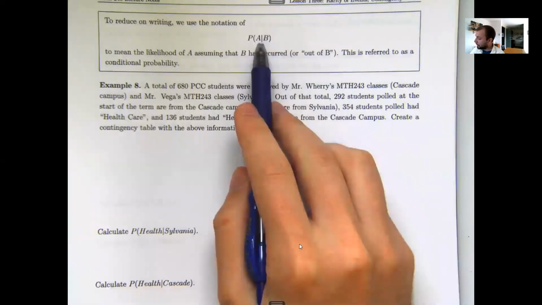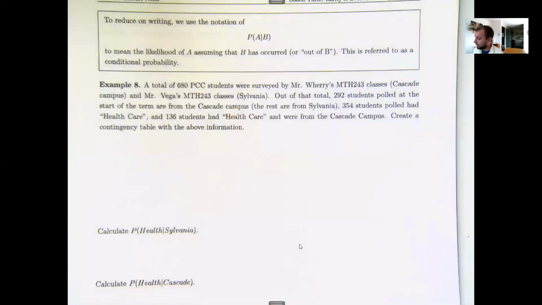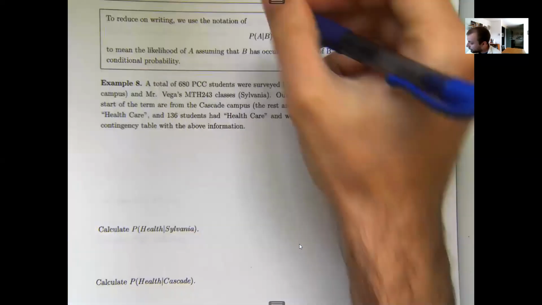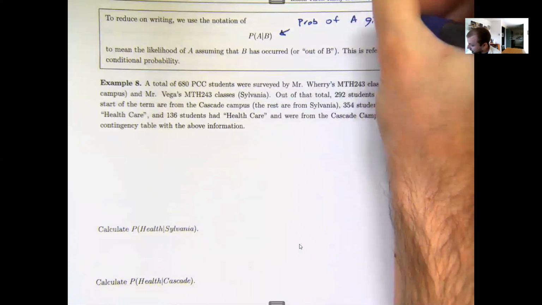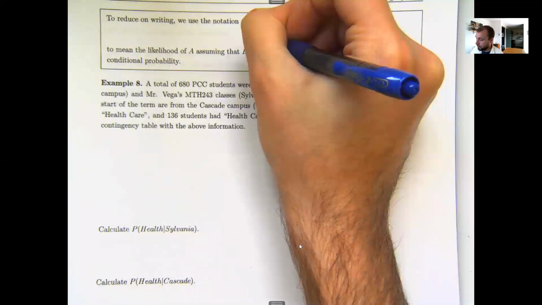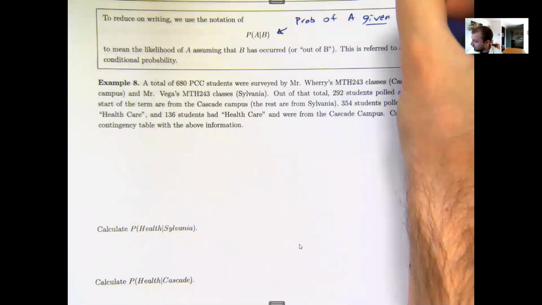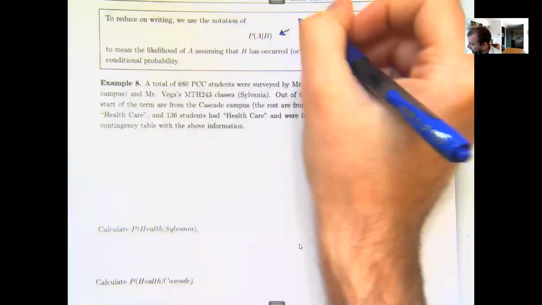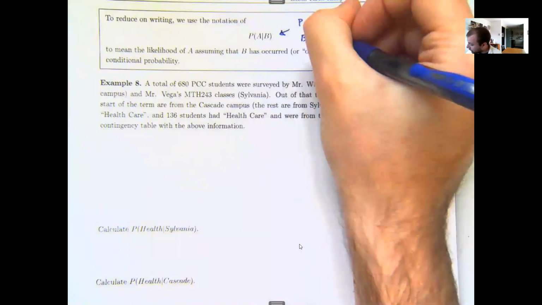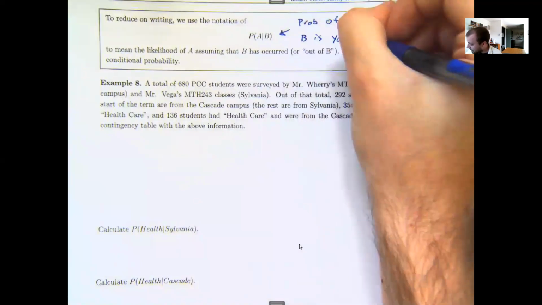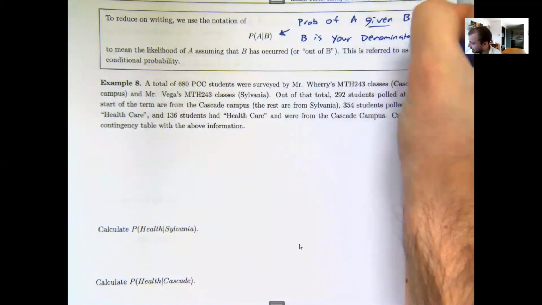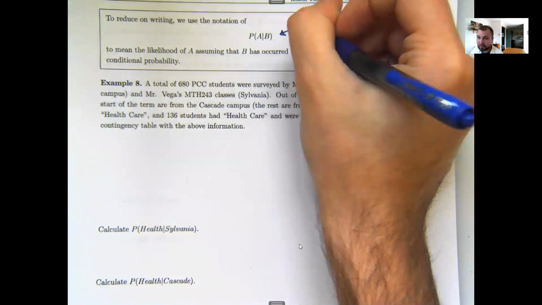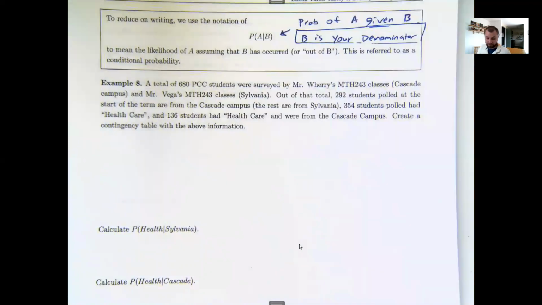Probability of A, vertical line B. This is read as the probability of A given, that's what this vertical line means, given B. When you're dealing with something like this, B is your denominator for your fractions that you're setting up. It's telling you the part of the table that it is out of.